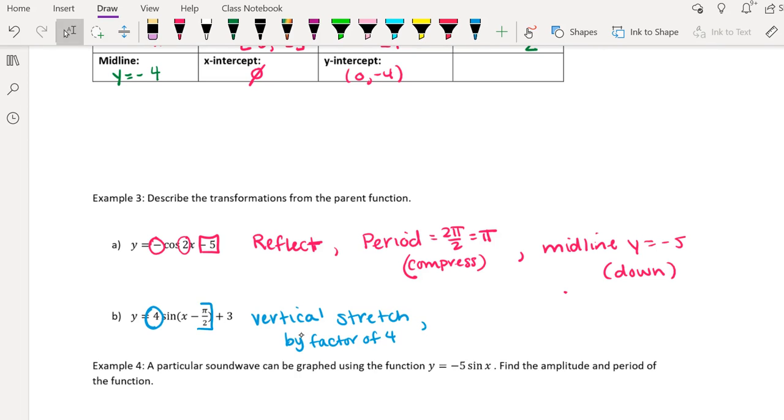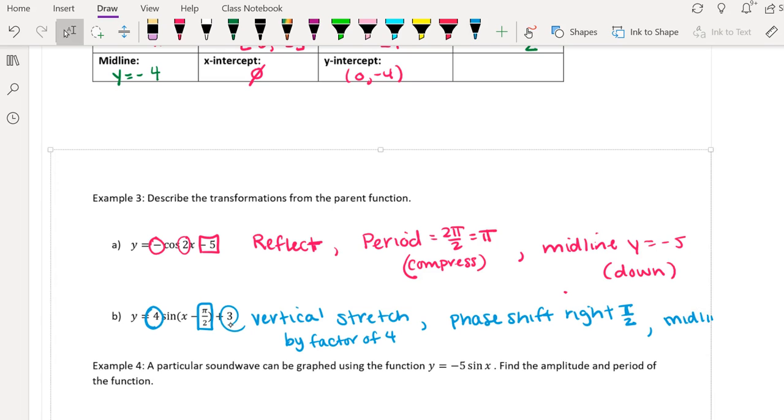The pi over 2, because it's minus, remember we do the opposite. So we have a phase shift right pi over 2 units. And then the +3, because it's outside, is midline y equals 3, so that's up.